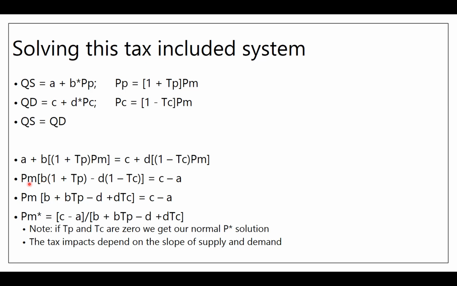Again, we would collect terms. The market price is what we're trying to solve for. Collect all the terms on one side, and that gives you B times 1 plus TP.